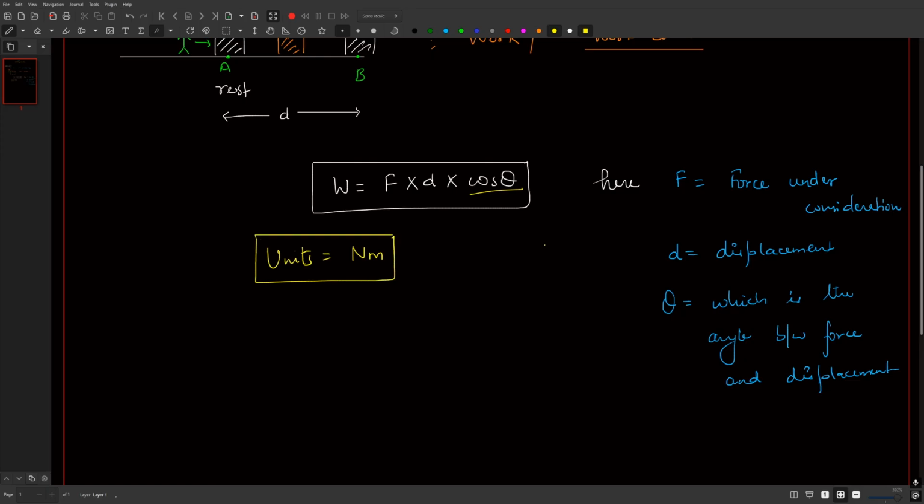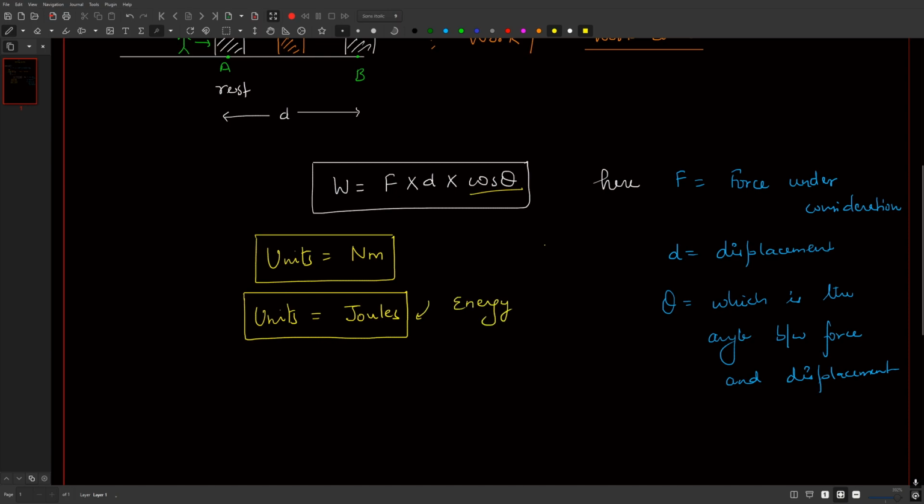But there is another unit which is often preferred, that is joules. Because at the end of the day, what is work? It is a transfer of energy. You are transferring some energy to the system. So this is why work done can also be represented with units of joules.